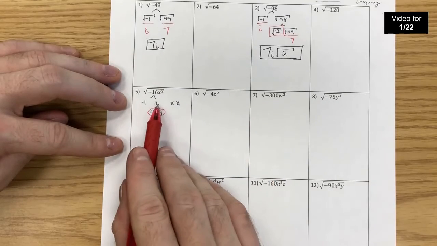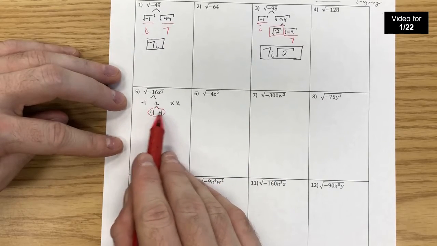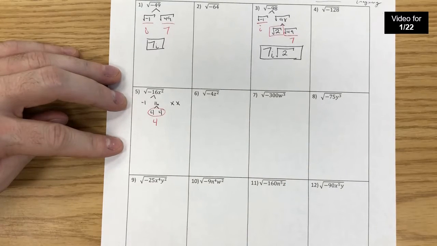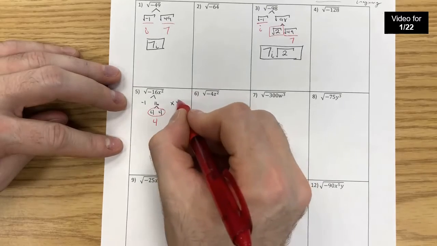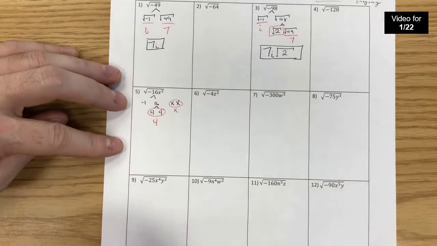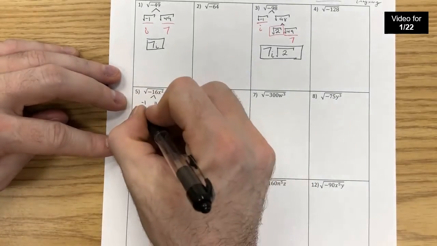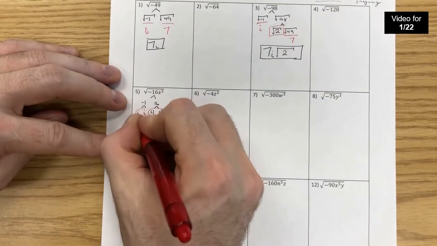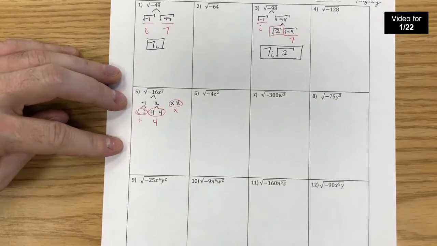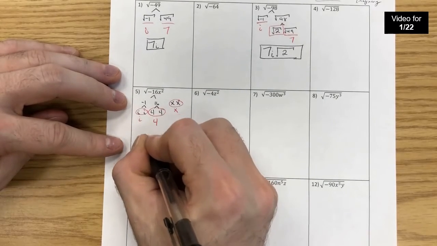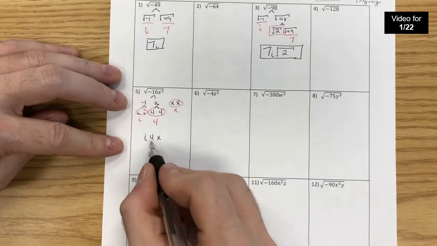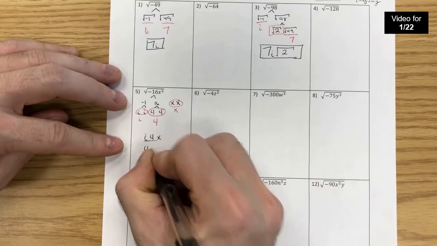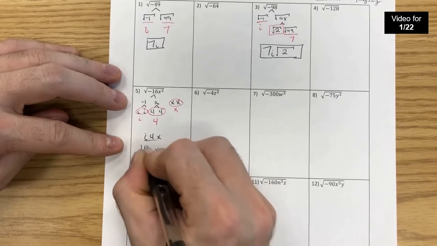The square root of 16 is 4 by 4. I have a pair of 4s, which means a 4 can be rooted out. I have a pair of x's, which means an x can be rooted out. Likewise, I know that -1 can be broken down into I and I, which means additionally an I can be rooted out. So I have an I, a 4, and an x. These being accepted constants, I'm going to say 4I followed by my variable.